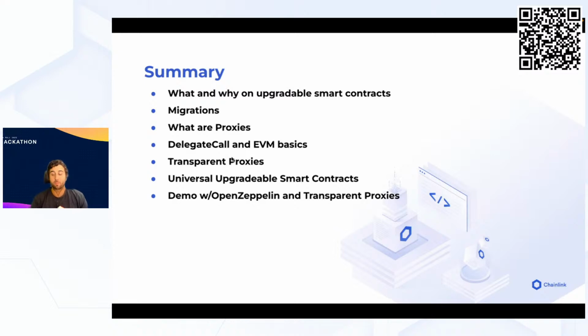We talked about what proxies are, the delegatecall and EVM basics, how delegatecall borrows, function selector clashes, slot clashes. Talked about two prominent patterns and the trade-offs in the proxy pattern space, transparent proxies and universal upgradable smart contracts. And we went through a demo with a lot of troubleshooting.